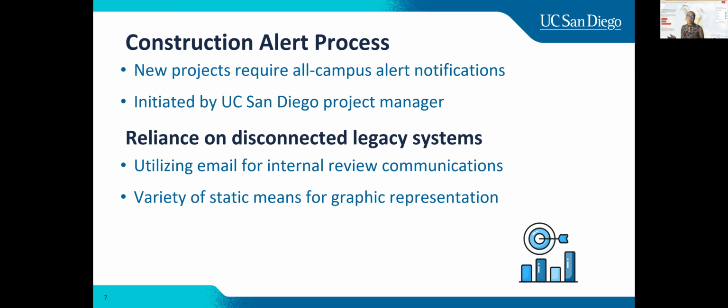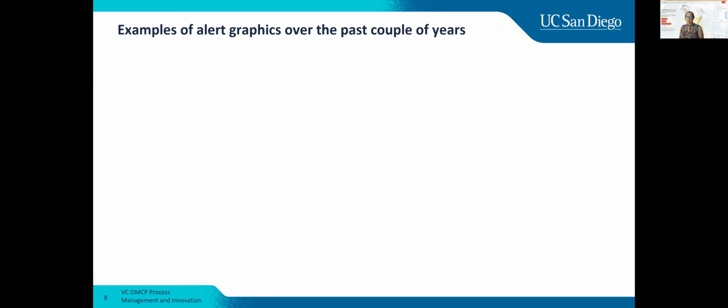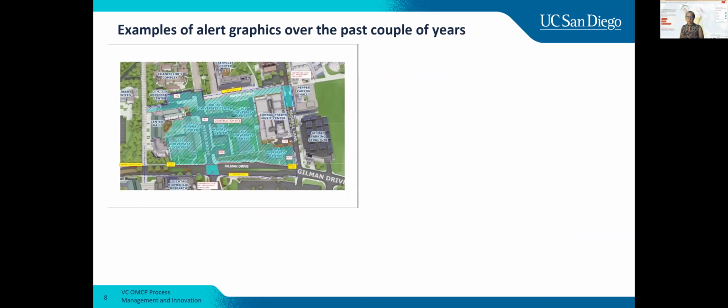And then there was a variety of static means for graphic representations. So what does that look like? Well, I have a few maps to show you that have gone out over the last couple of years for the alert process.